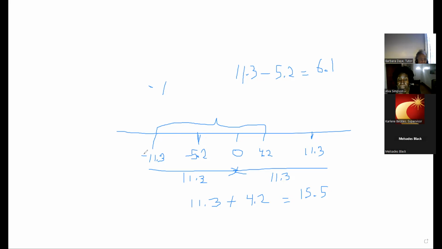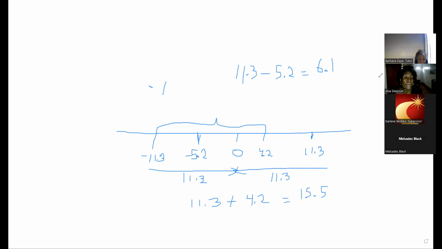You don't need a negative here. 11.3 is the distance from 0, and the minus here is not the minus sign, it's the subtraction minus. So subtract where you ended up from where you started, and you get the number of points you moved. Got it?